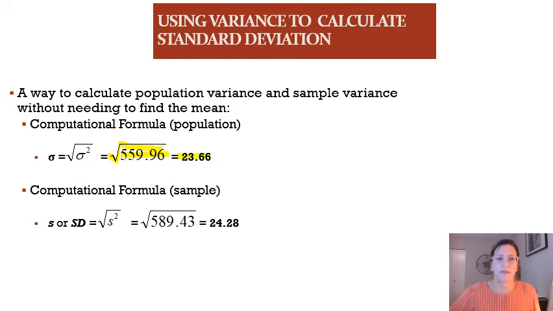So this is what we would show as the standard deviation notation equals 23.66. The sample SD equals 24.28. So it just took that sample variance and took the square root of that variance to get the standard deviation. So once you get the variance, it's fairly simple after that.